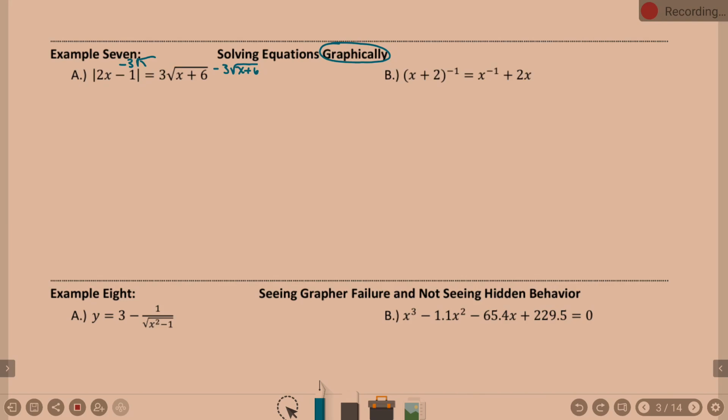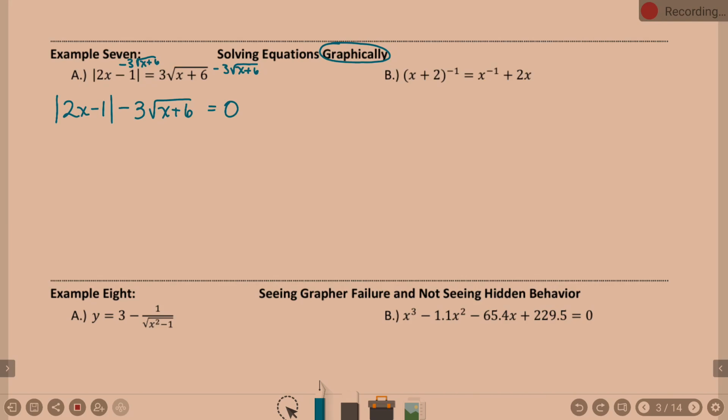Now, folks, I'm just trying to get this in a form so I can put it in the calculator. Don't try to do any solving on me. We're not trying to solve or do anything crazy like that. So on the left, I already have the absolute value of 2x minus 1. And then we're going to subtract 3 square root of x plus 6. And now what's it equal? 0.